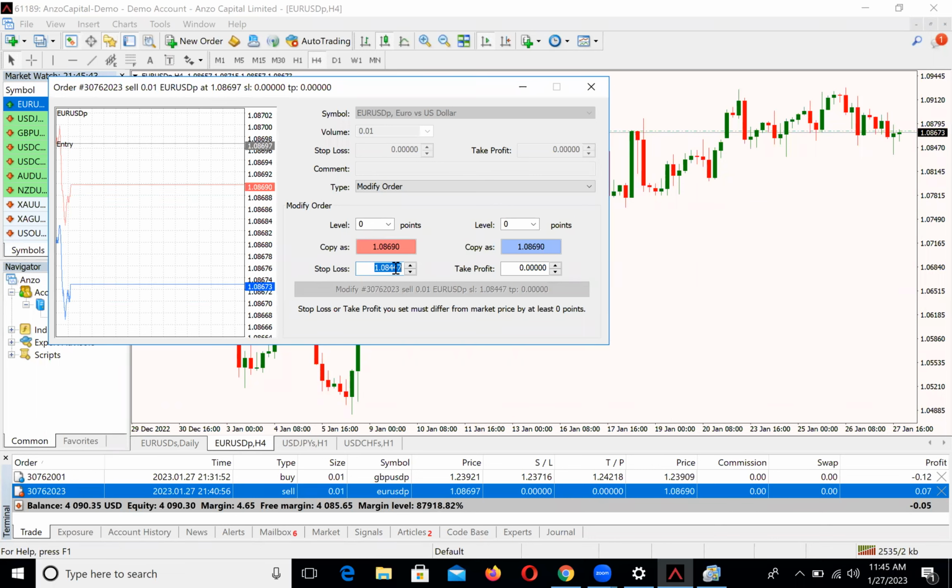Okay, now the stop loss, I will times it by 10, then add it to the current price. Oh, okay, let me do that. So give me the correct figure now.